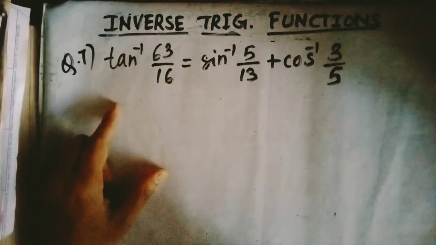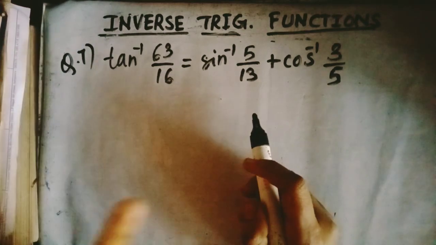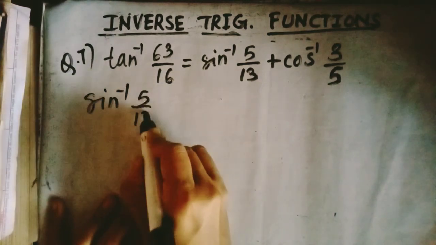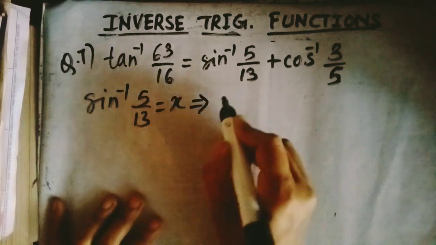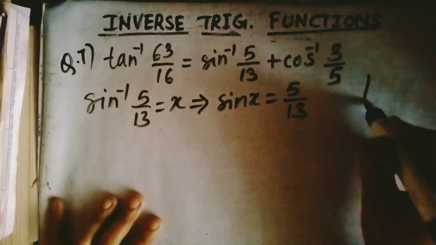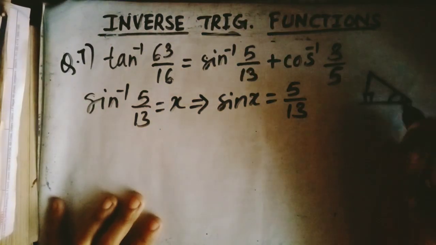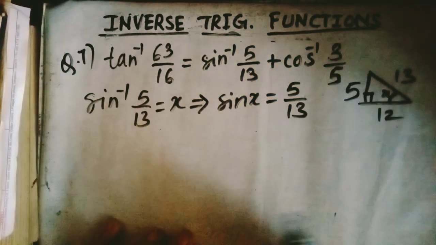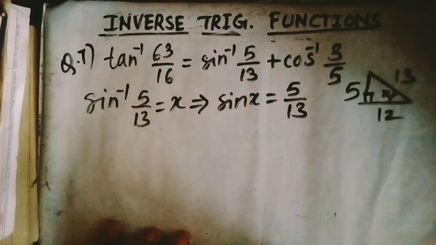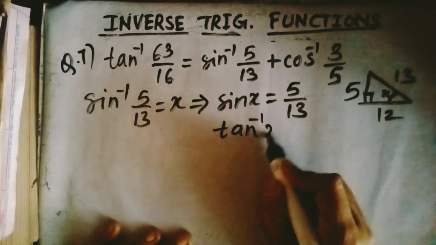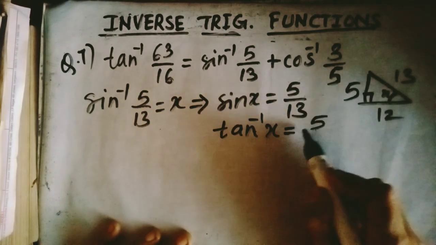Using the triangle method, take sine inverse 5 upon 13 as x, so sin x is 5 upon 13. With sides 5, 13, using Pythagoras this will be 12. So tan inverse of x is 5 upon 12.